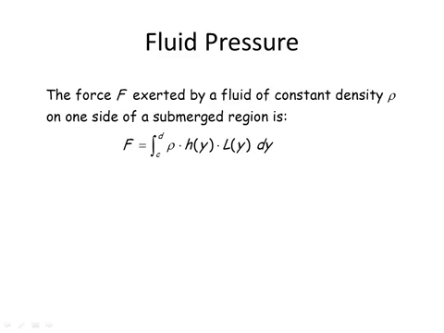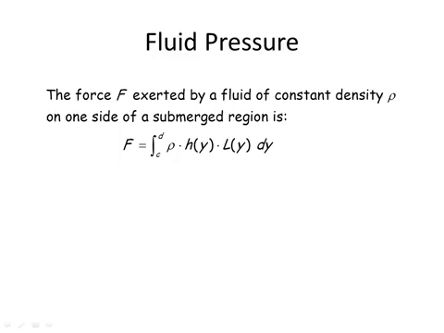Same thing here. The depth of the sample is going to be something minus y. And then L of y is going to be your length times your height of your sample. Basically, it's just the area of a rectangle. If you don't have a rectangle, then you're going to have to play around with some algebra. And of course, dy is always going to be your height. So there's your formula. You just got to work through it and figure out what's what.